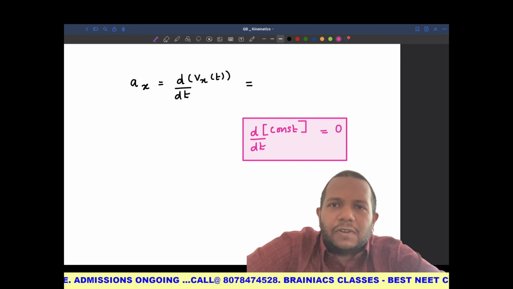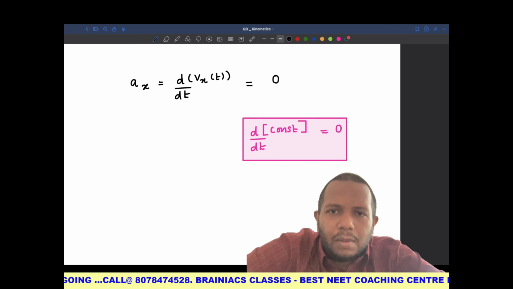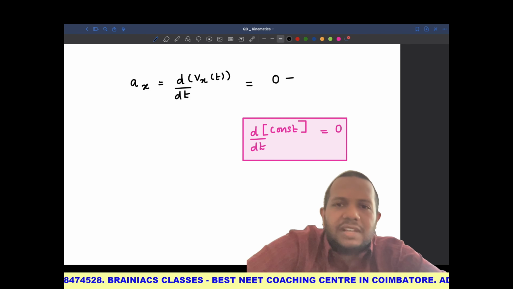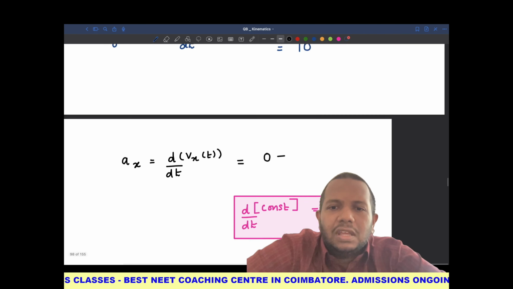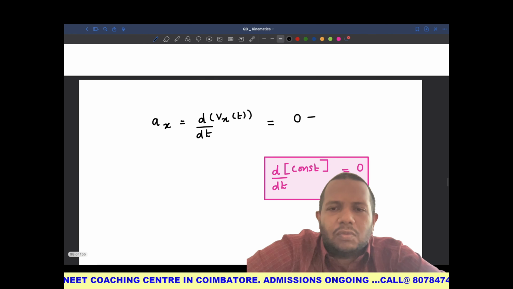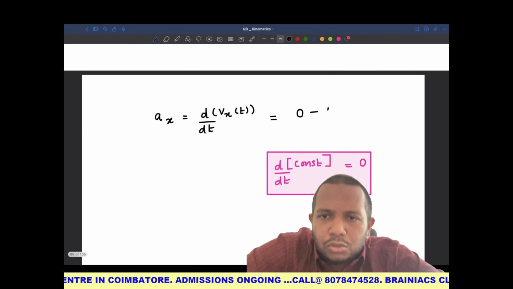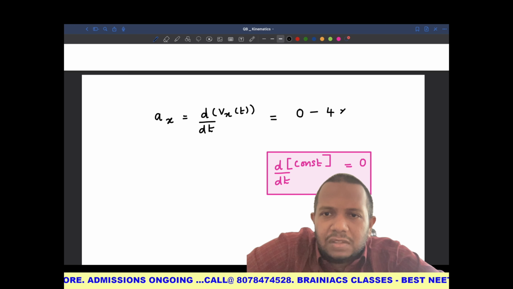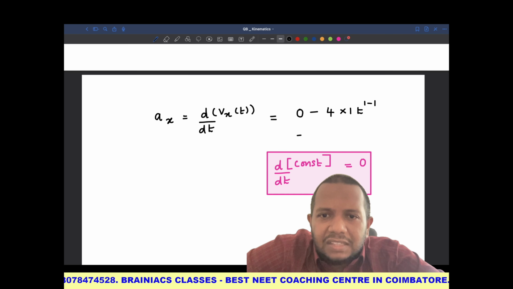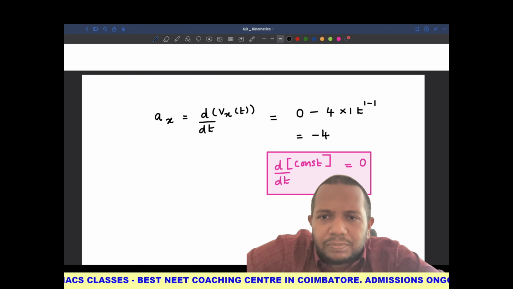So 5 on differentiation will become 0, minus, we have the next term, that is 4t. So 4t on differentiation, what will it become? 4 into t power 1, so that is 4 into 1 into t power 1 minus 1. So we will get this as minus 4.